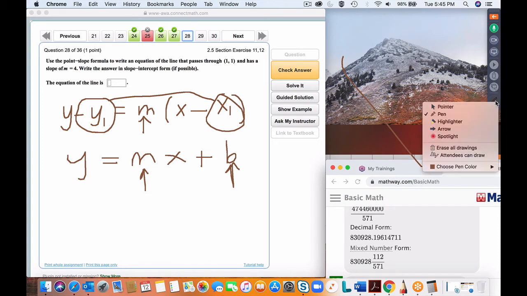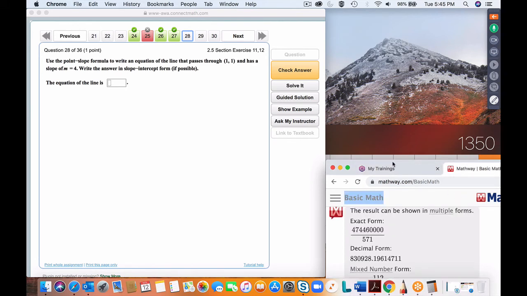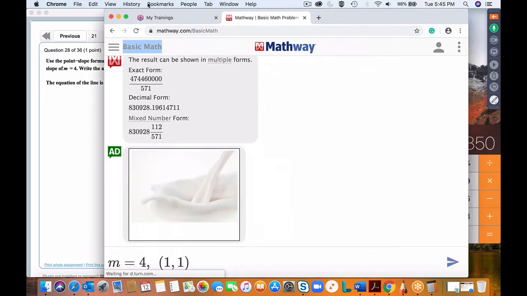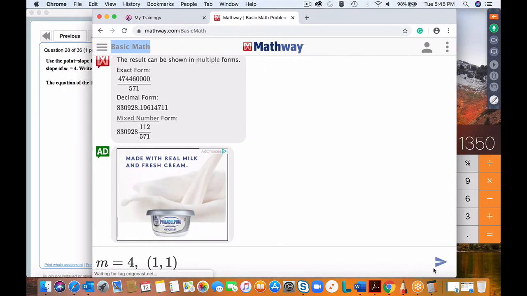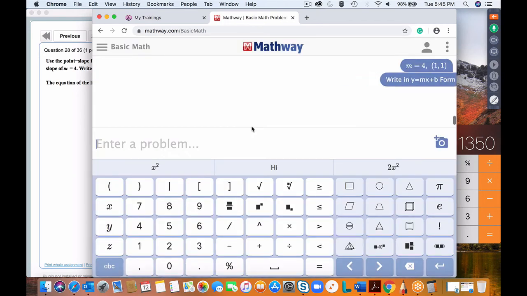Let's erase and go back to find the value. Well, let's do the right click, and we want the slope-intercept form, or y equals mx plus b, the same idea.